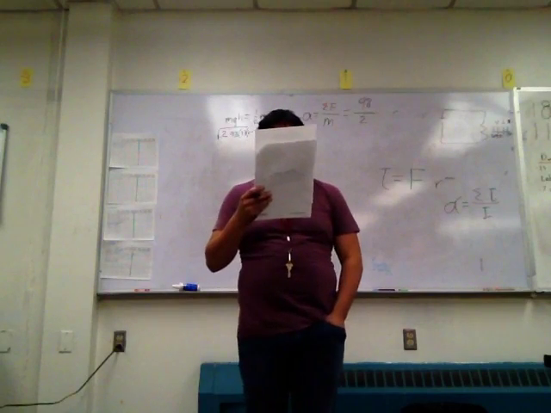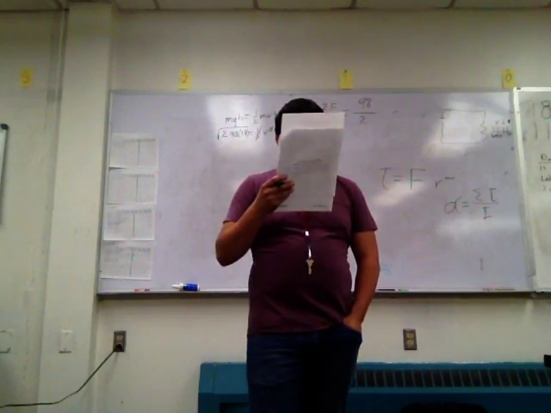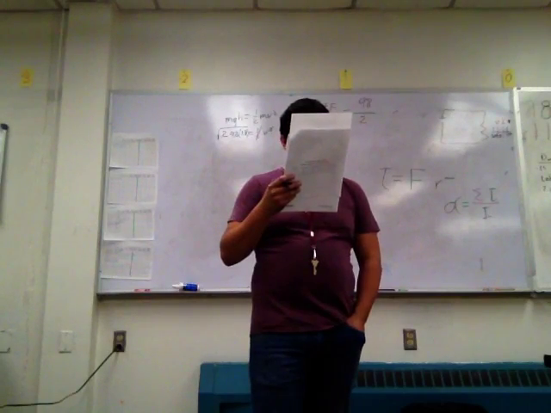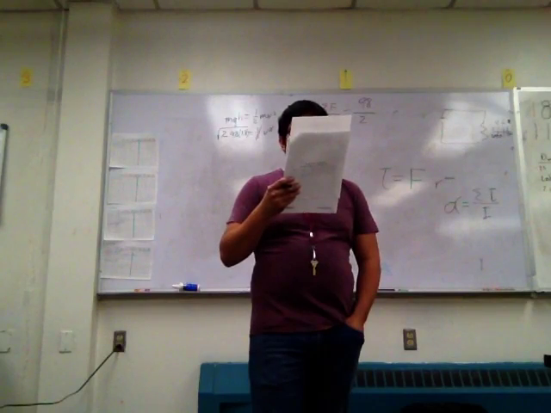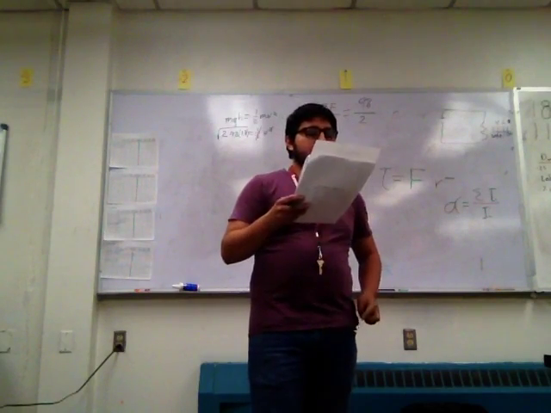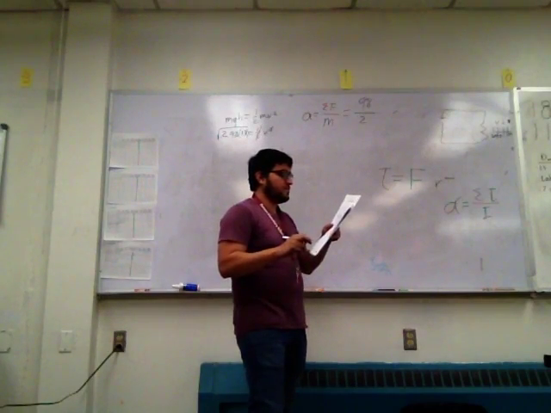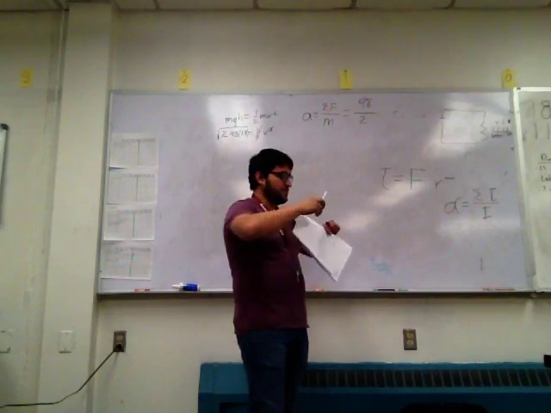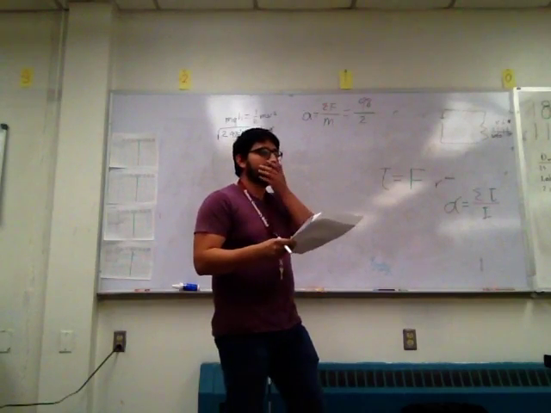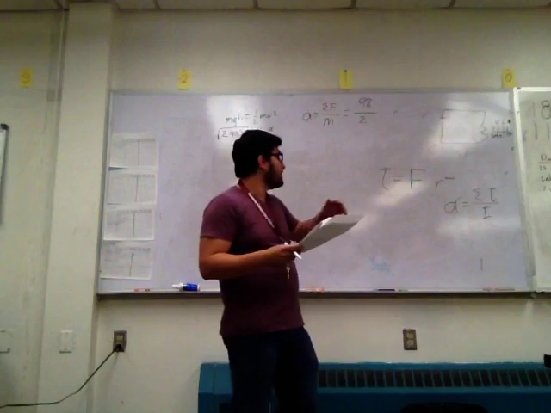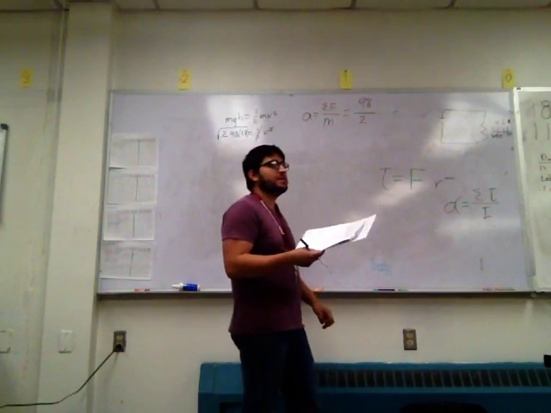At which of the following positions must an upward force of magnitude 2F be exerted on the meter stick to keep the meter stick in equilibrium? What do you guys think right here? We want the net torque to be balanced, so the torques need to be equal to each other.